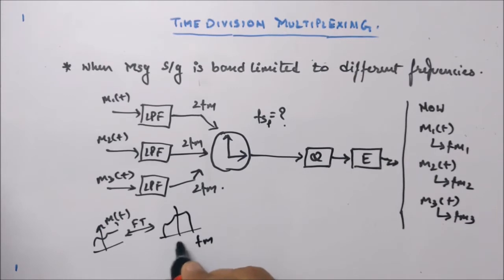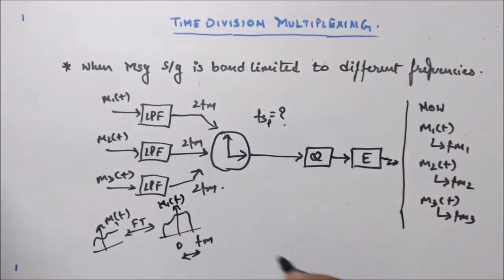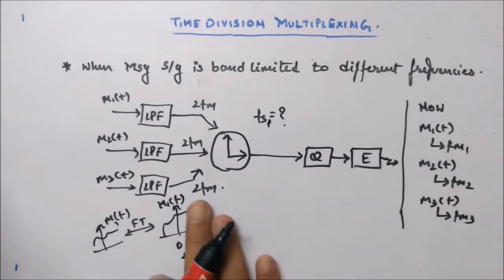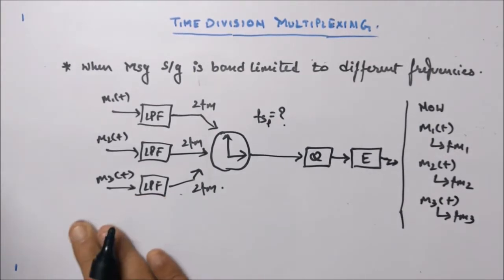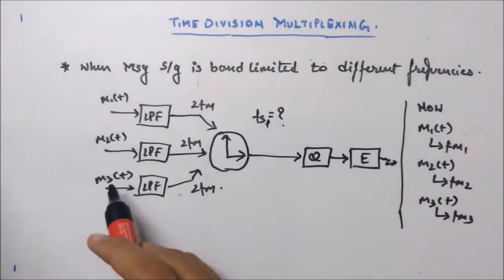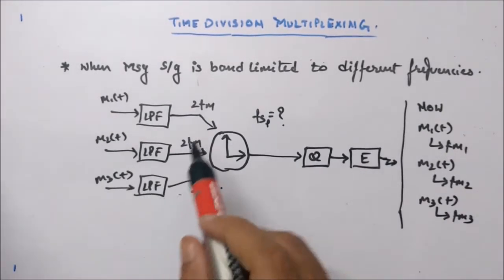So this is your fm, this is the positive frequency I am referring to as band limited to. Whatever is on the positive side of the Fourier transform of the message signal, that is what I mean by band limited. So this was for m1(t). Similarly for m2(t), m3(t), the shape can be anything, but they will be band limited to 0 to fm.